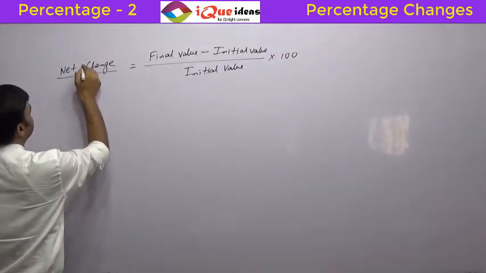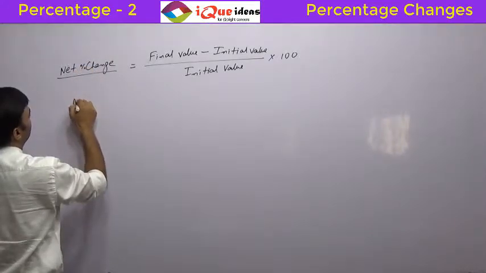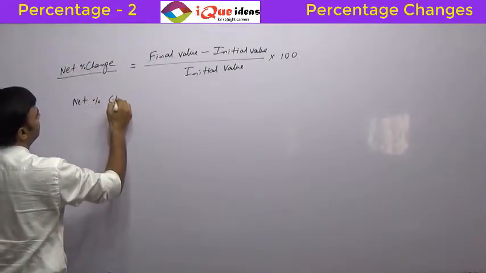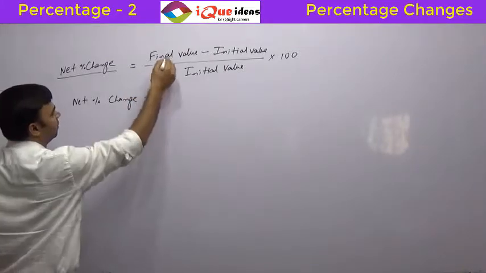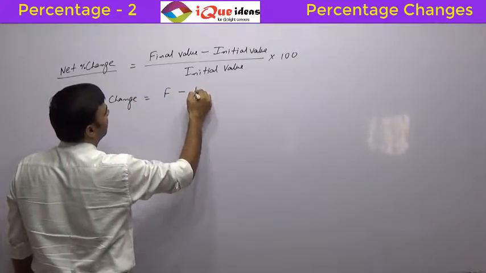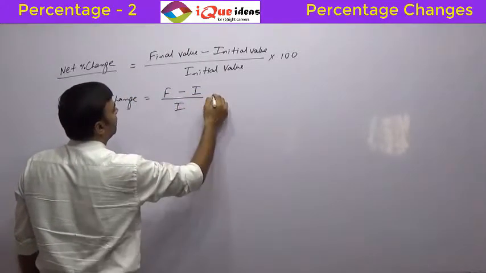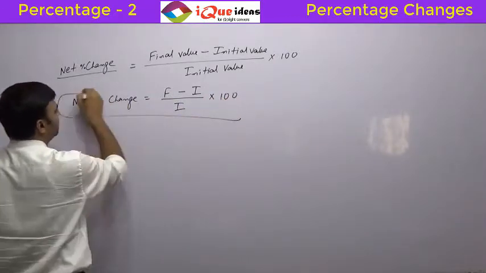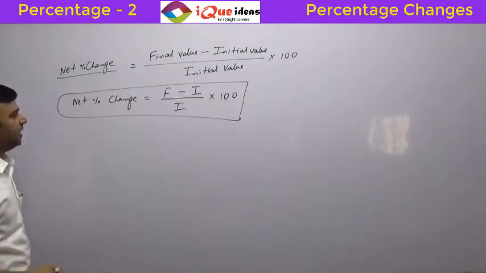So it is net percentage change. Instead of final value we can just write F minus I upon I into 100. So this is the simplest formula for net percentage change.